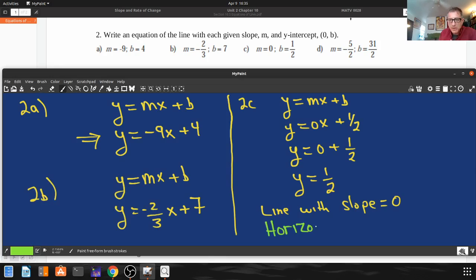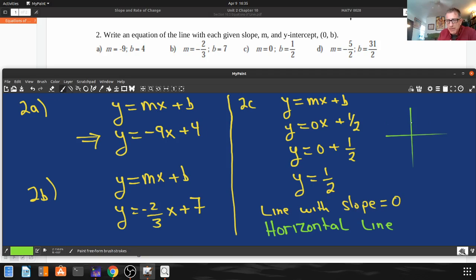that is the equation of a horizontal line. In other words, if this is my coordinate system, this is y is equal to 1/2.